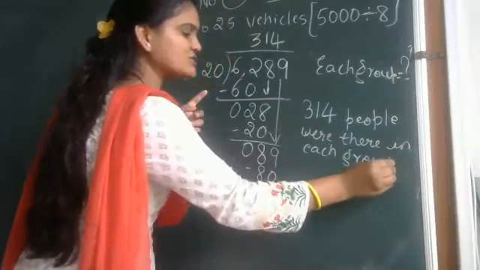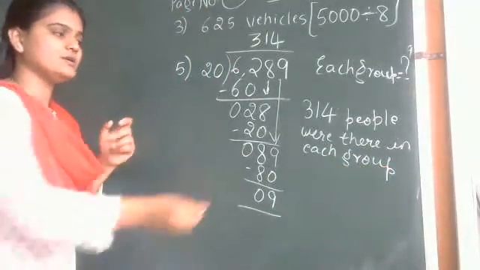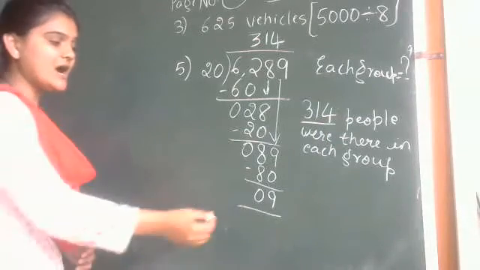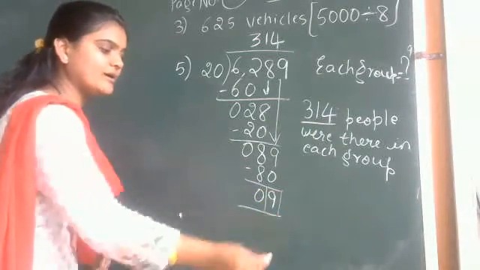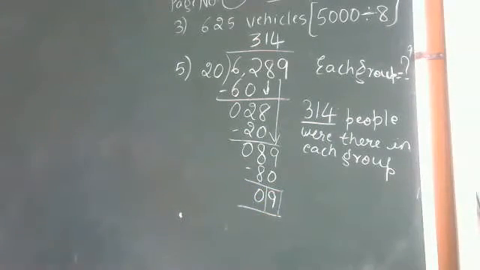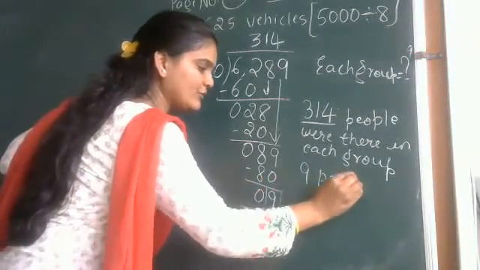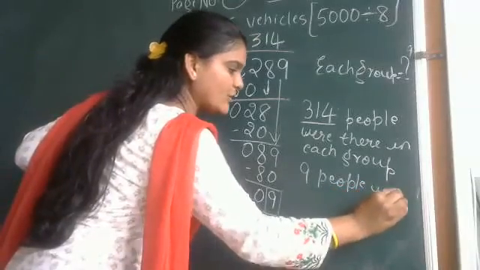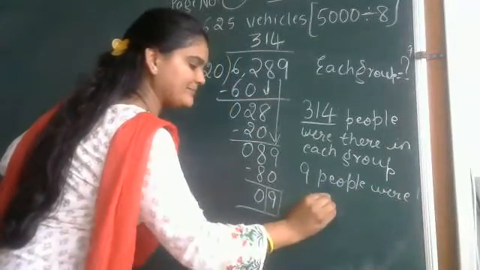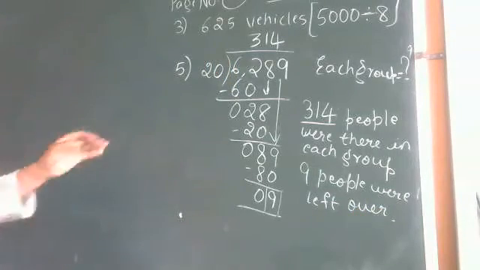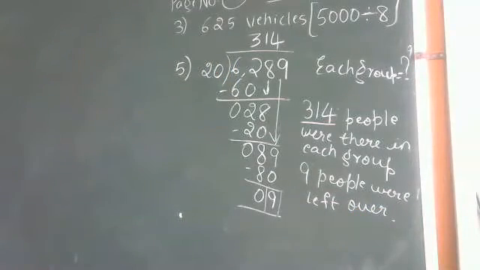So this will be our quotient. Yes or no? Quotient is 314. Next, how many people were left over? What's the answer? Yes, 9 people were left over. Yes. Yeah, someone had asked it out. Is it clear? Yes, ma'am.